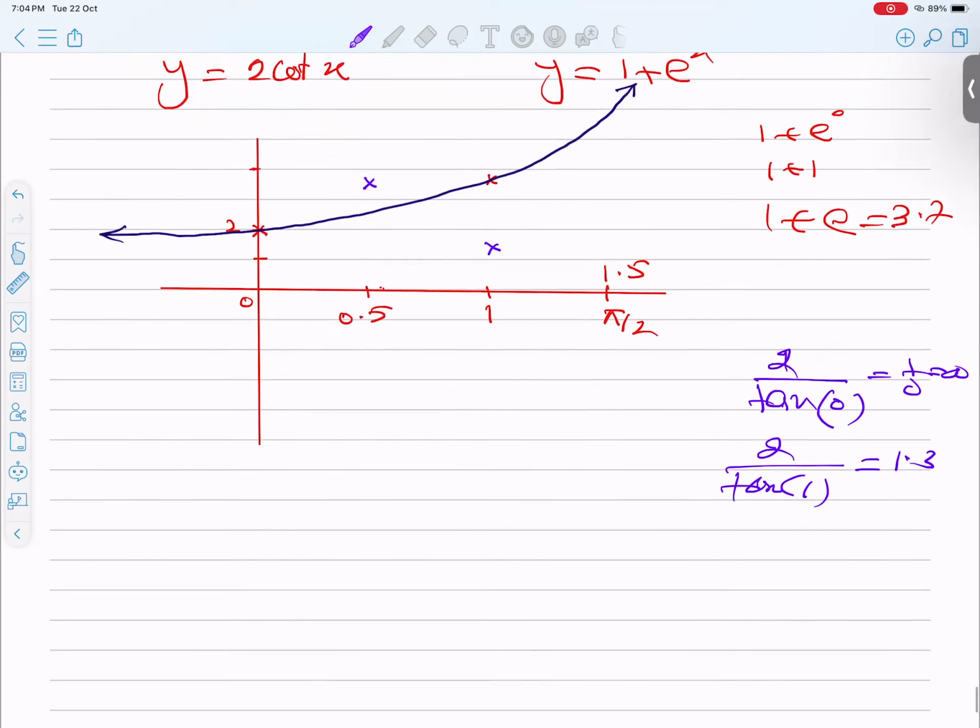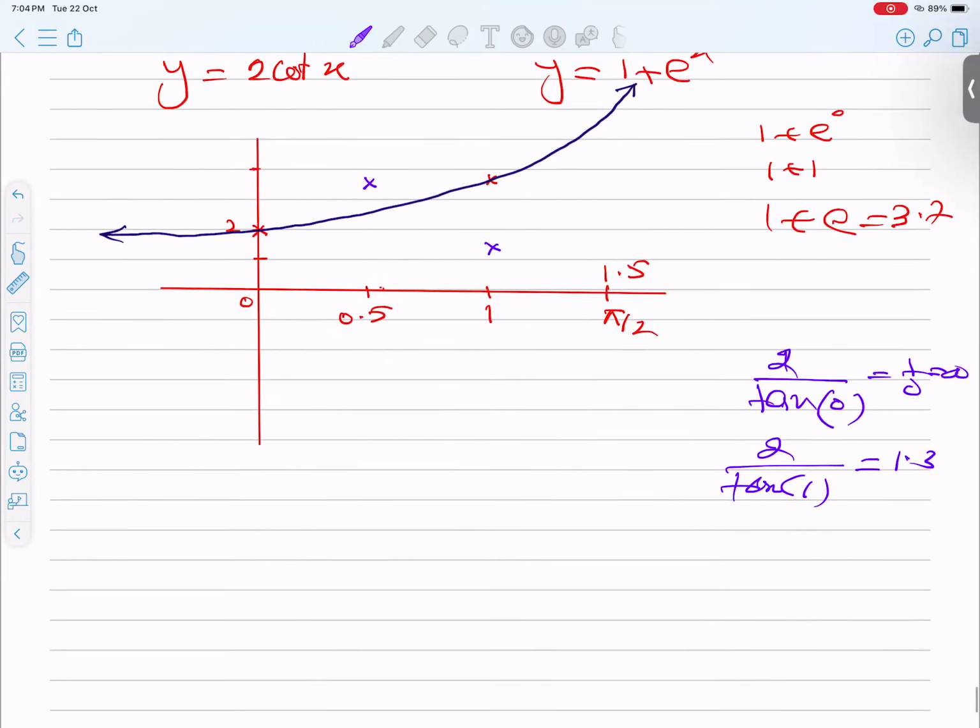If I plug it in the calculator, it will not give me 0. Why? Because tan pi by 2 is called infinity, and something divided by infinity gives 0. The problem is that our calculator flops. But all of you know that something divided by infinity gives us 0. I repeat, something by infinity is giving us 0. So that is why I'm getting 0 here.